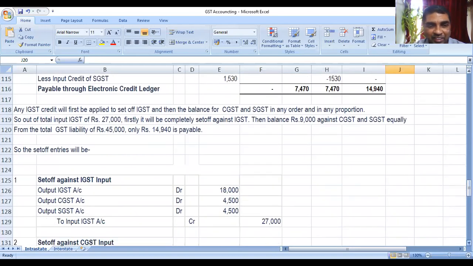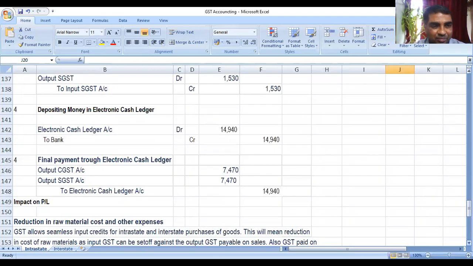What I will do is immediately transfer money to my electronic cash ledger. So electronic cash ledger account debit, bank credit, 14,940. Finally, I will make payment through the electronic cash ledger. So the remaining output liability for CGST and output liability for SGST, 7,470 each, got settled by payment through the electronic cash ledger, 14,940.